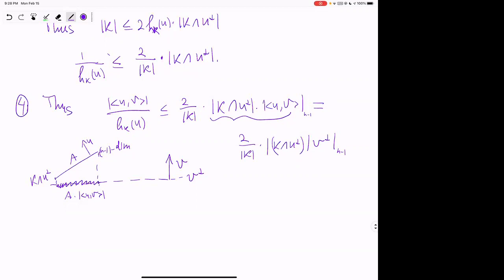And now this thing I can actually estimate pretty easily. I'm going to use a pretty rough estimate here. The section, K intersected with U perp, is a subset of K. Therefore, I can always estimate the projection of a subset with the projection of the whole set.